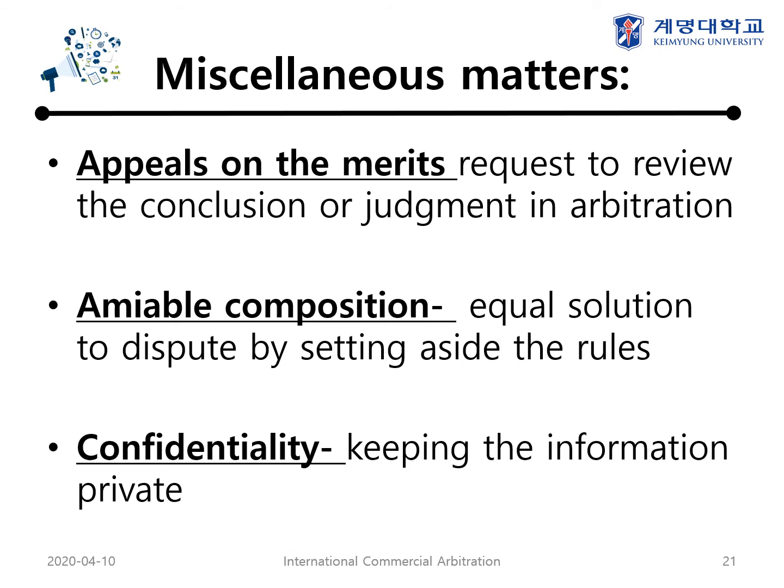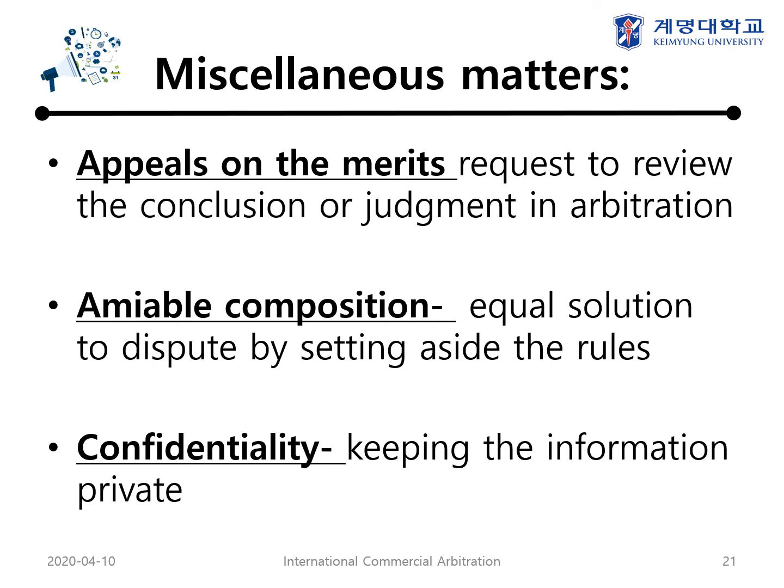Next is amiable composition. It means an equal solution to the dispute by setting aside the rules. So in the arbitration agreement on amiable composition, there will be some instance or condition that, for the sake of peace and friendship, they can set aside the rules.